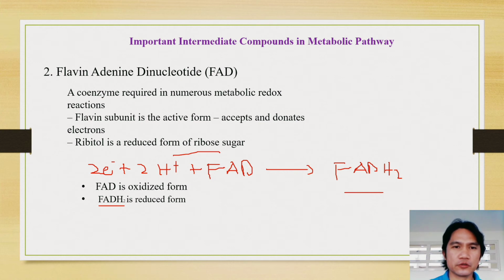So 2 electrons plus 2 hydrogen ions, basically making the charge at this side 0, and also at this side the charge is 0. Now we have balanced the transformation. Okay, so here it can be seen that the electrons and the hydrogen ions are accepted by the FAD, making the molecule in the reduced form.